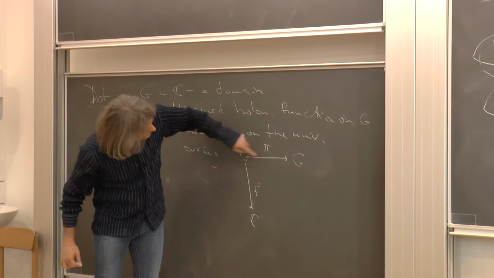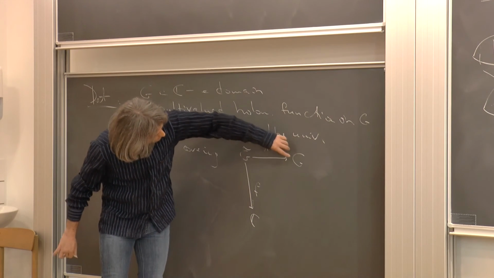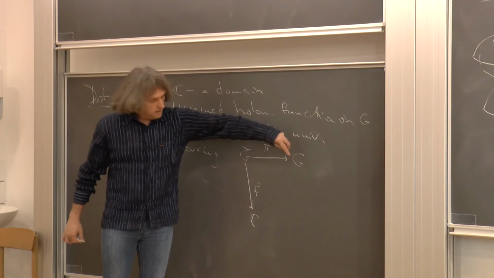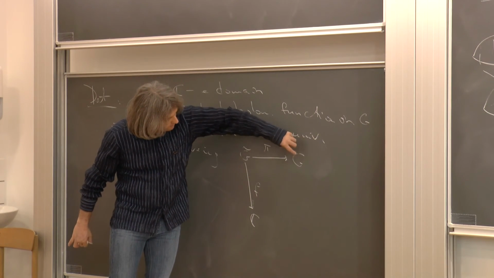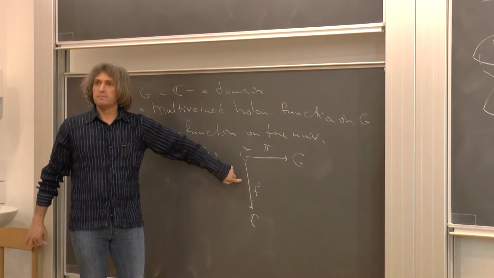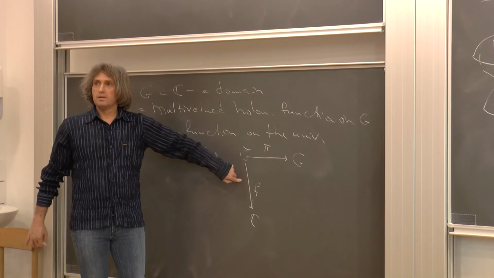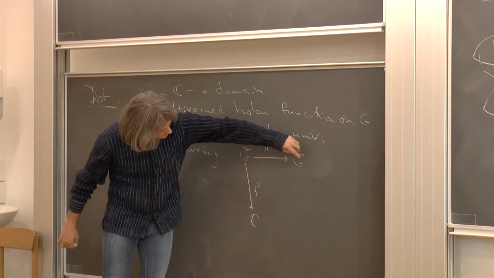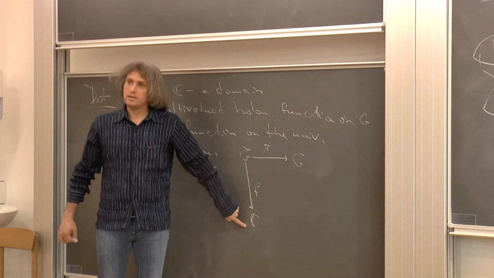But since this map is not invertible, you cannot say that this is a function here. Instead, it's multi-valued because for each point here, you need to choose its preimage and then evaluate the function. So you cannot realize it as a single-valued function from here to here.